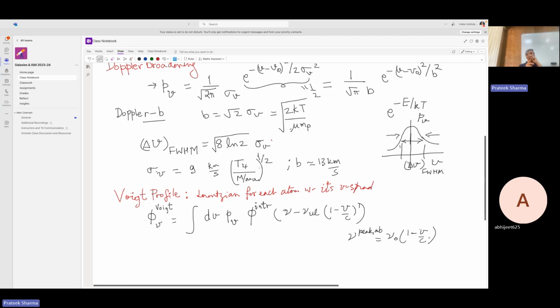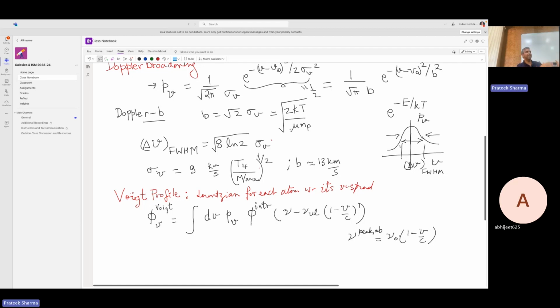A positive velocity is redshift; this is the convention in astronomy. If V is positive, the stuff is moving away from us.